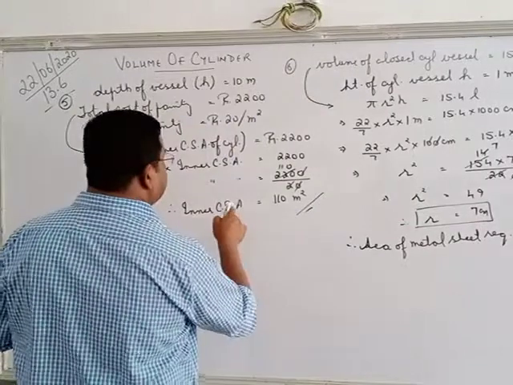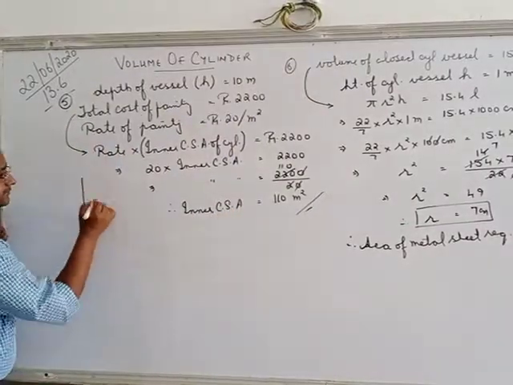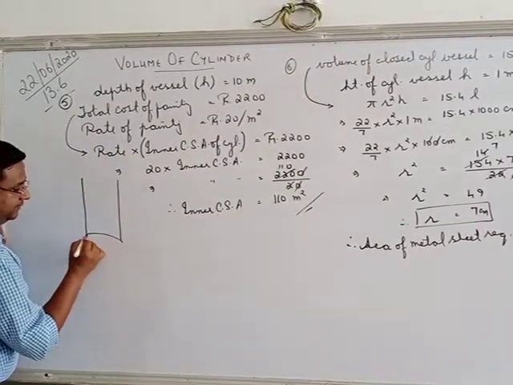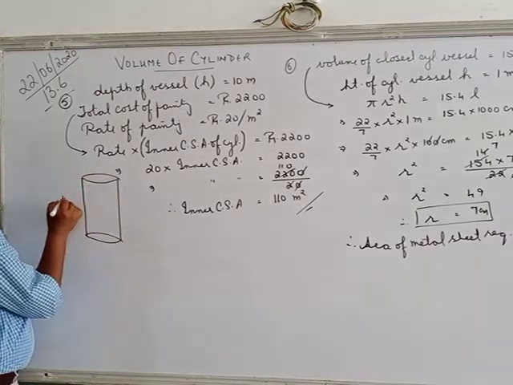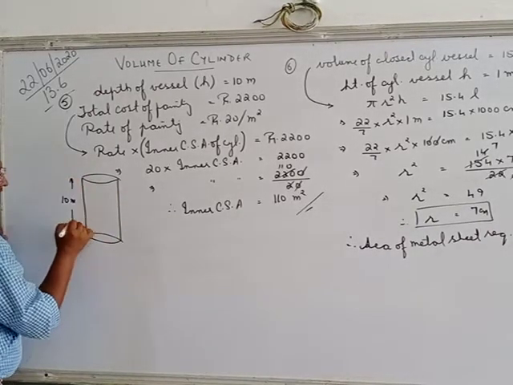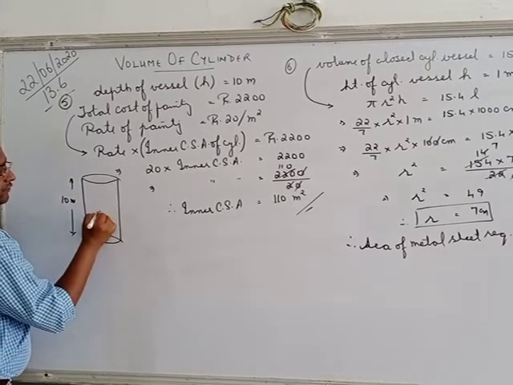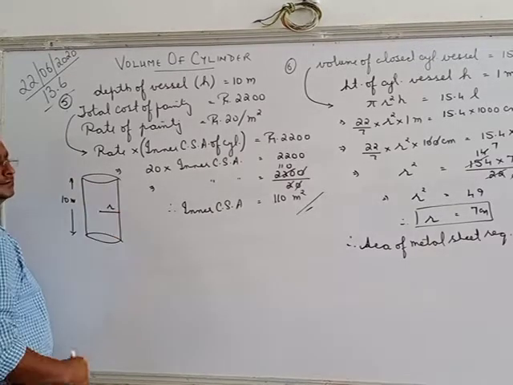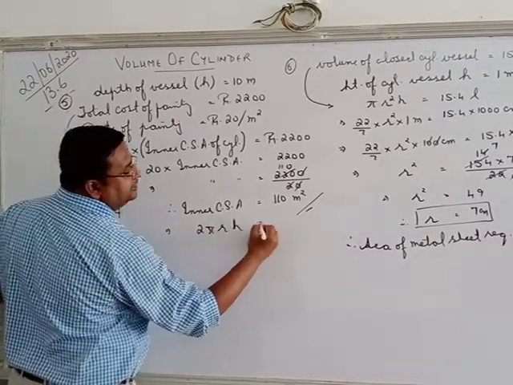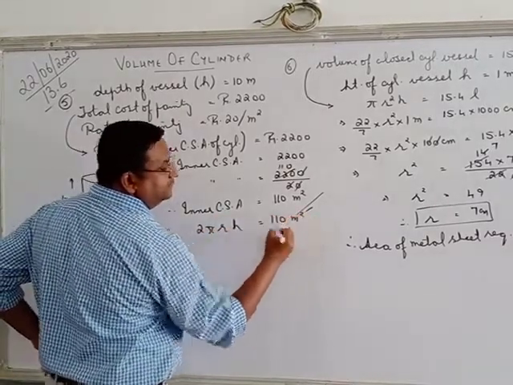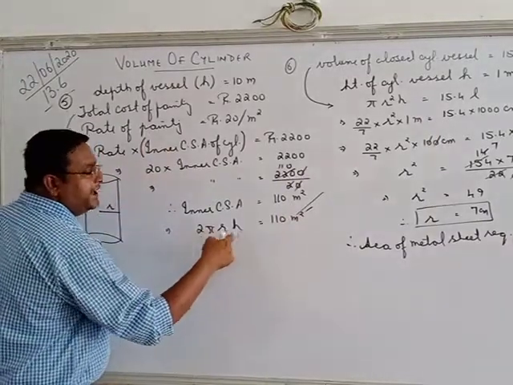Find the radius. So when we talk about the cylinder, height is given to us, that is 10 meter, and radius we have to find. Inner curved surface area formula 2 pi rh is equal to 110 meter square. Pi we know, h we know.